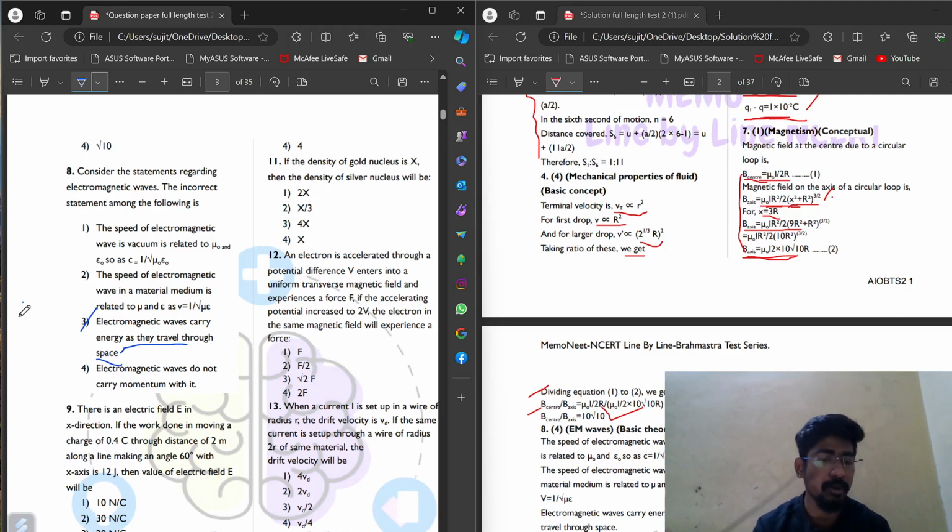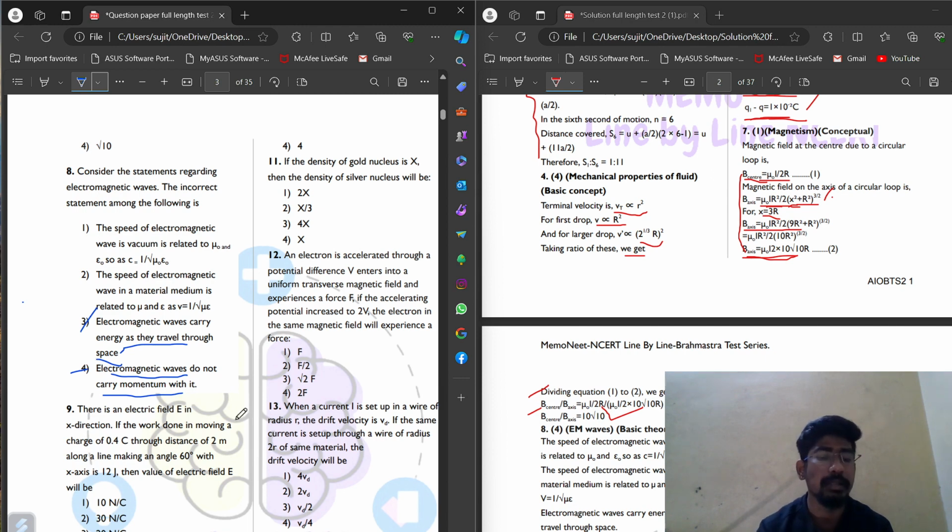But electromagnetic waves do not carry momentum, so I think this option is the incorrect one, because energy and momentum are connected to each other. They have a relation, P square equals 2mE, or E equals P square by 2m, where E is the kinetic energy and P is the momentum. That means if an electromagnetic wave carries a certain amount of energy, it will have a certain amount of momentum.